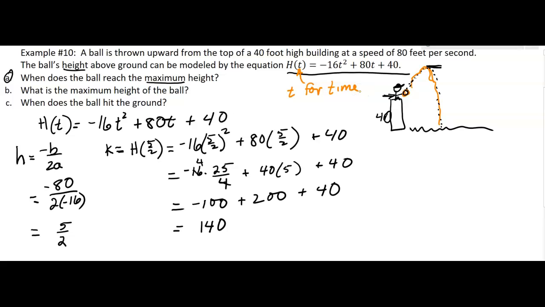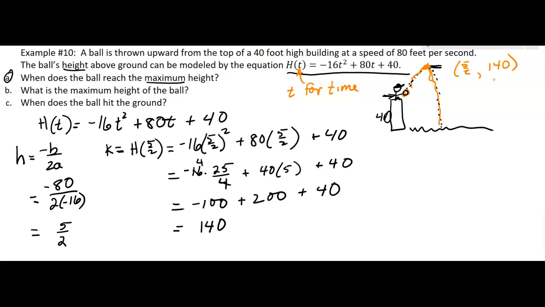Okay? Now when we found the vertex here, that maximum there, it turned out to be the point 5 over 2, or you could write that as 2.5 if you want a decimal. More of a fraction fan myself, but that's okay. What does that tell us? It tells us it's taking 2.5 seconds.